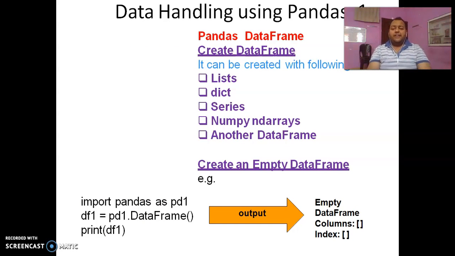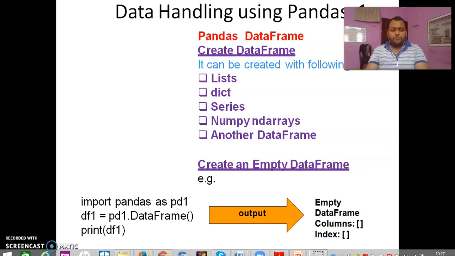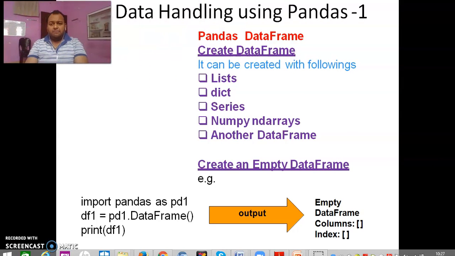Now a data frame can be created with the following things. Number one, list, dictionary, series, numpy arrays, or some other data frames. So import pandas as pd. We have to write any variable name here. pd dot D capital F capital.